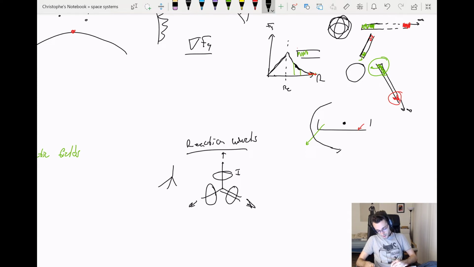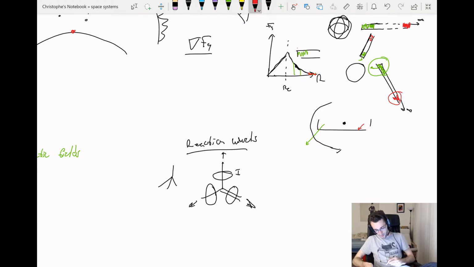In this case, roll would be, if you've got a little airplane here, roll would be that. So roll, pitch, and yaw. It's a bit hard to describe. Hang on, I can do this with a ball.